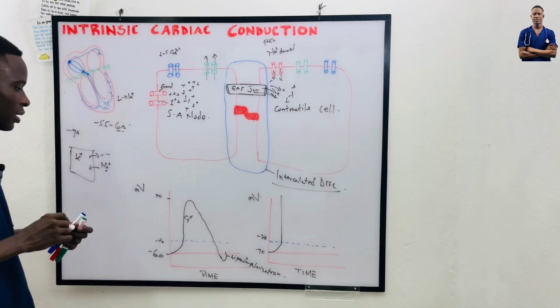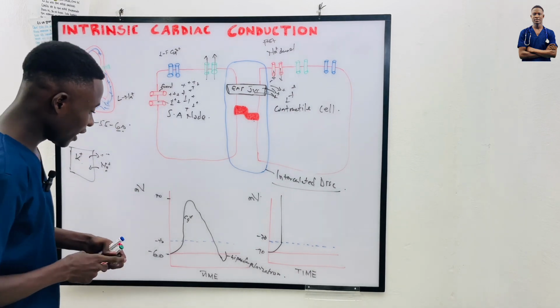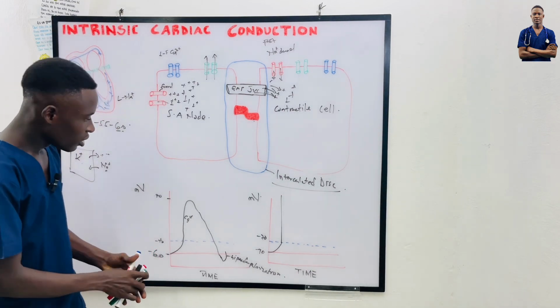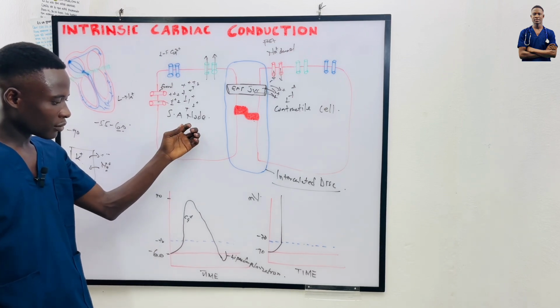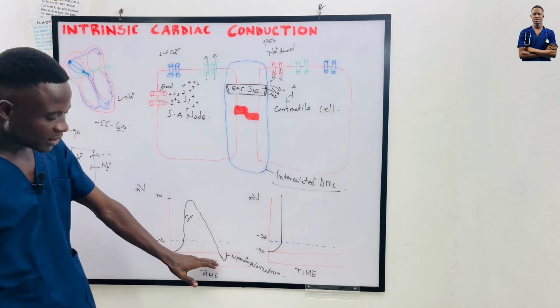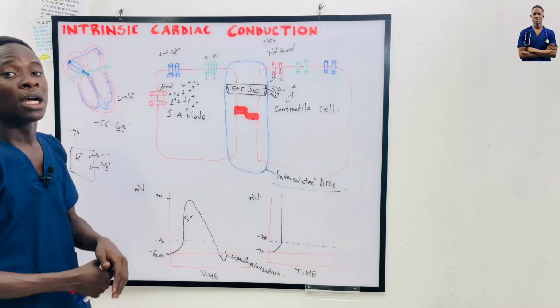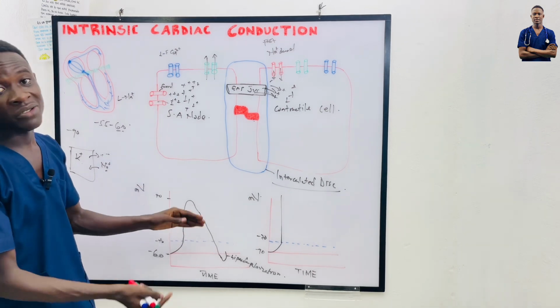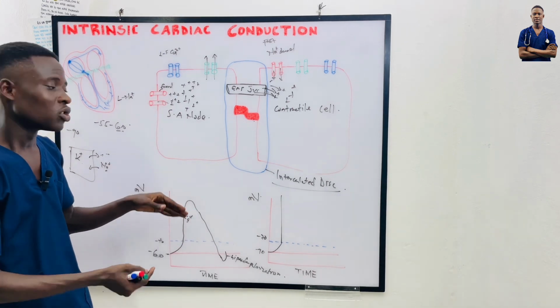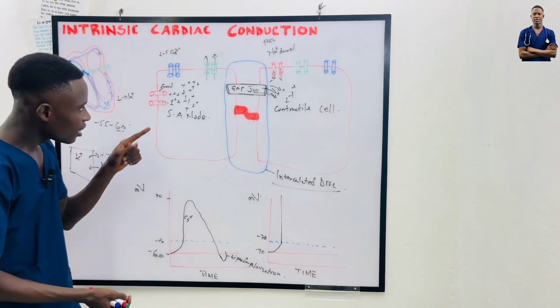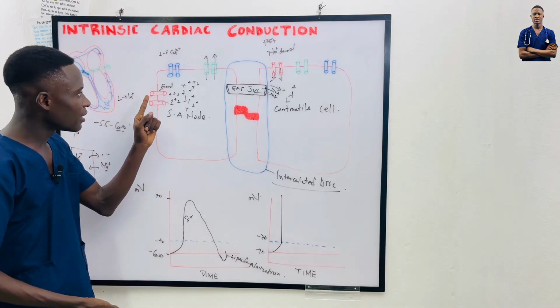So this hyperpolarization, then this cell, when it gets to this place, it won't stay there. It doesn't rest. So what happened is, I made mention of this funny channel.